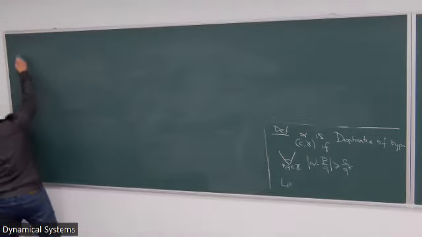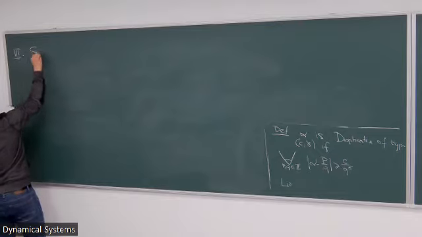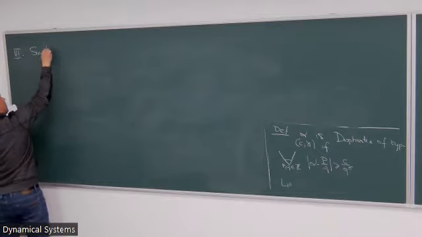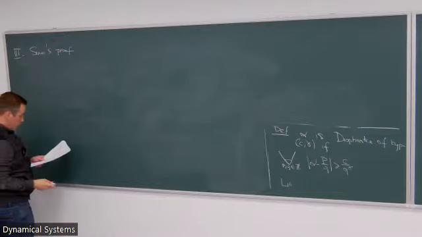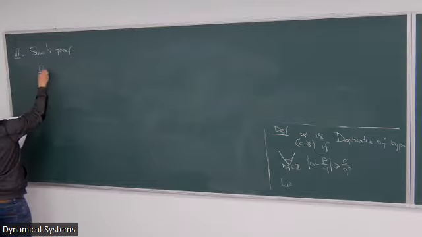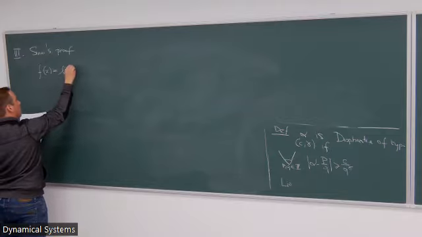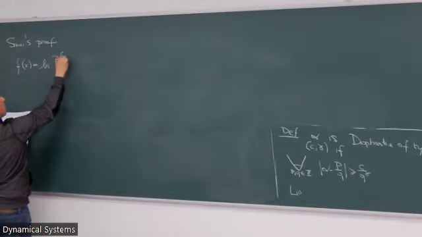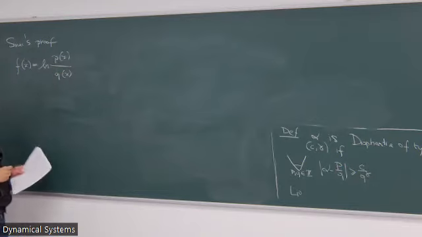So some remarks about Sinai's proof. Let's define the function f of x as the natural logarithm of p of x over q of x.